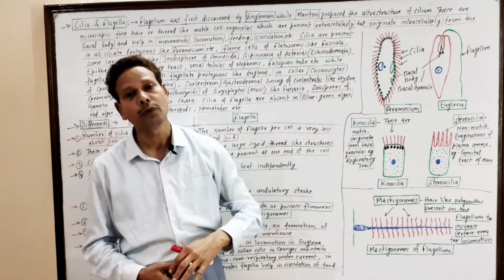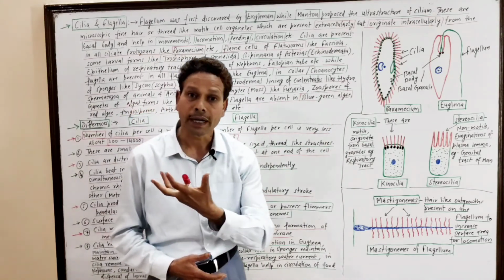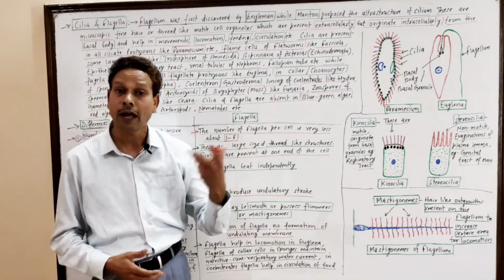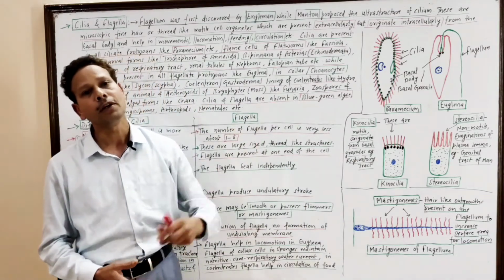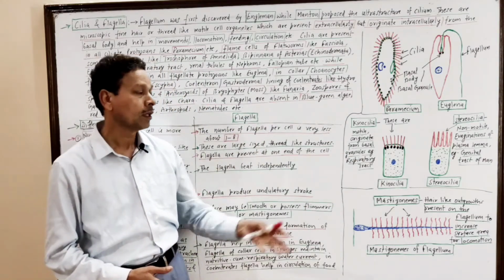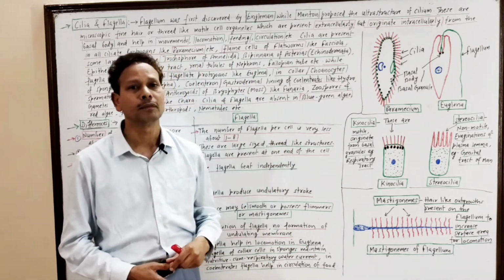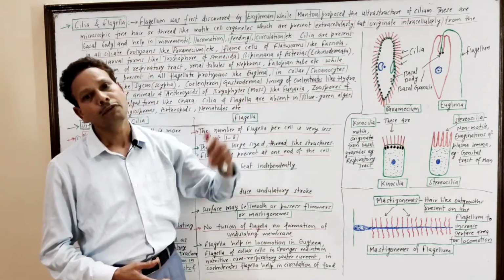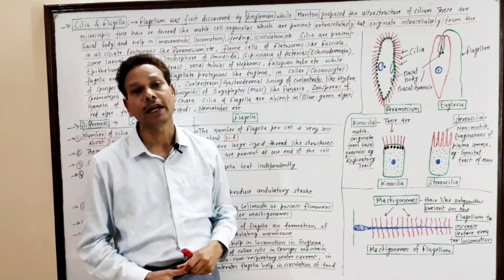In our reproductive tract, the beating of these cell organelles conducts gametes, as in the female reproductive tract, fallopian tube, oviduct, conduction of ova by the beating of cilia. In case of male gametes, spermatozoa possess a flagellum. The movement, locomotion, is carried out by the flagellum. So this is the general introduction of cilia and flagella.